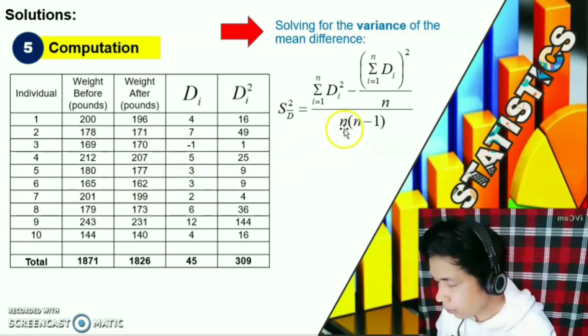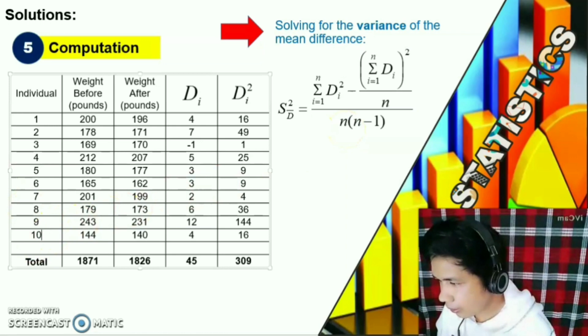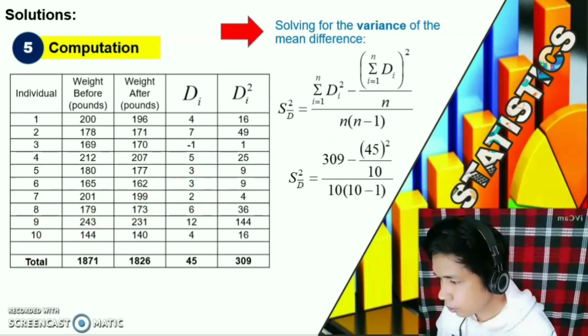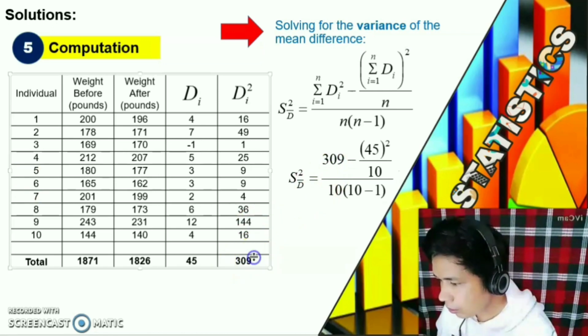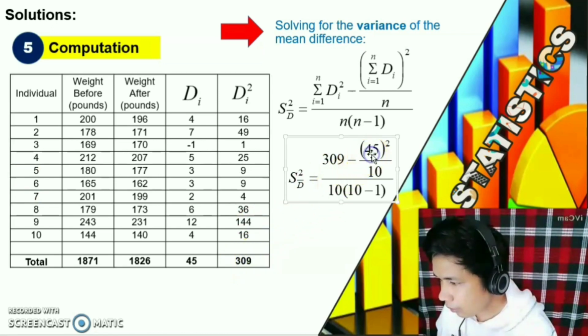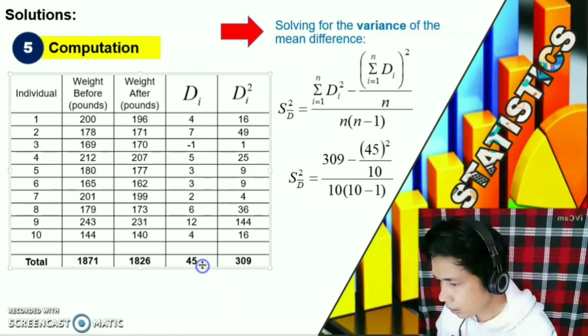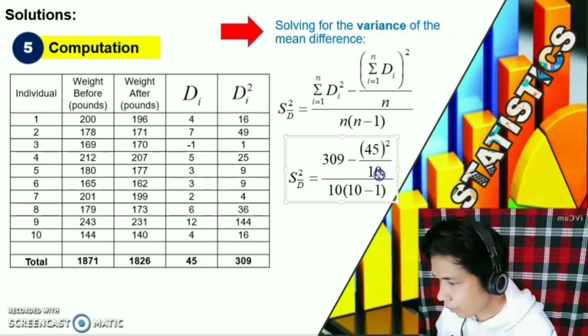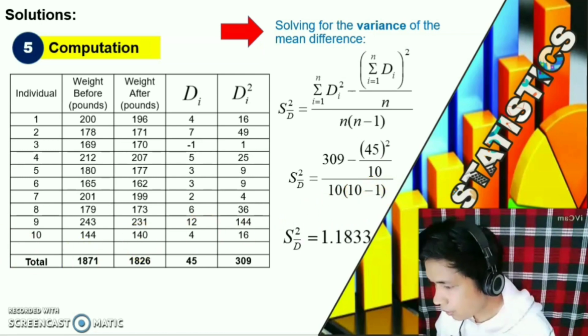Remember that n represents the number of subjects, which is 10. Now, by substitution, we get 309, which we have taken from this table, and 45 squared from this table divided by 10, all over 10 times 10 minus 1.